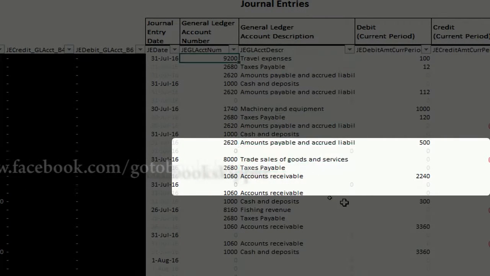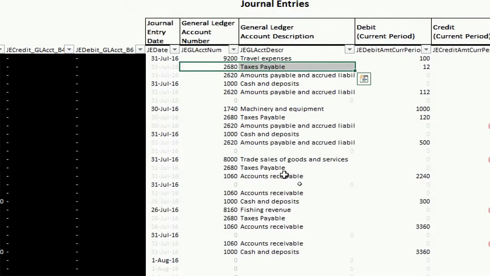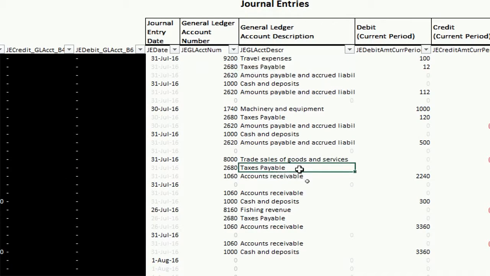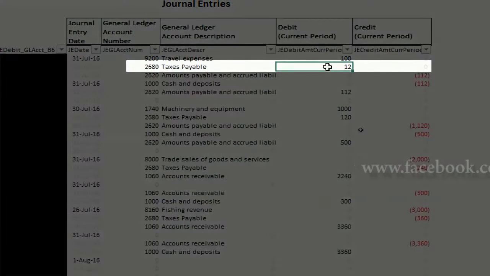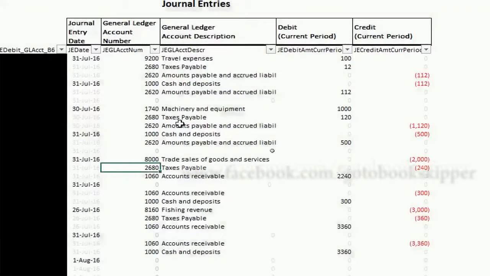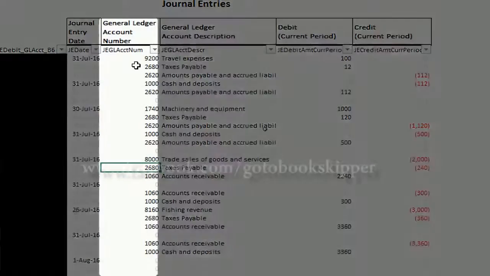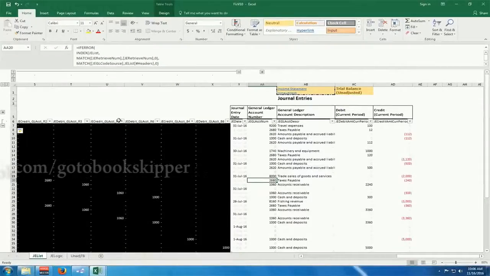You notice from our previous purchase transaction example, it is also tax payable, and this time is also tax payable. The only difference being the purchase one is on the debit side and the sales one is on the credit side. It doesn't affect the general ledger account number that we extract from the chart of account.